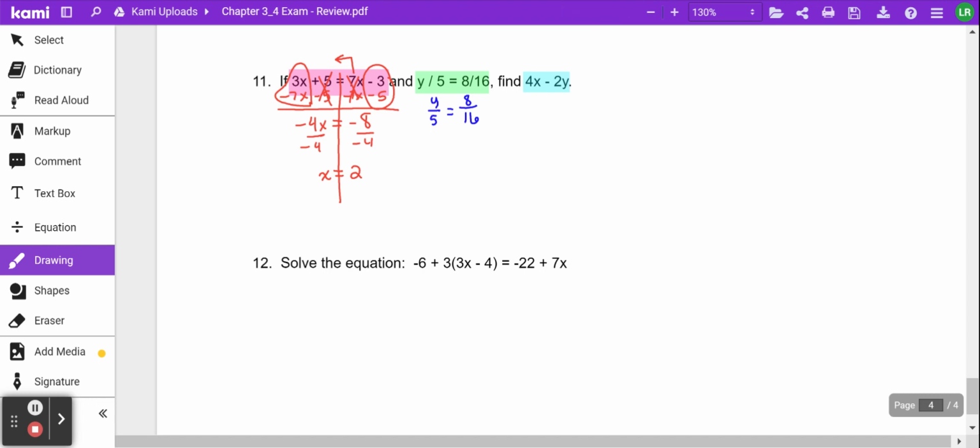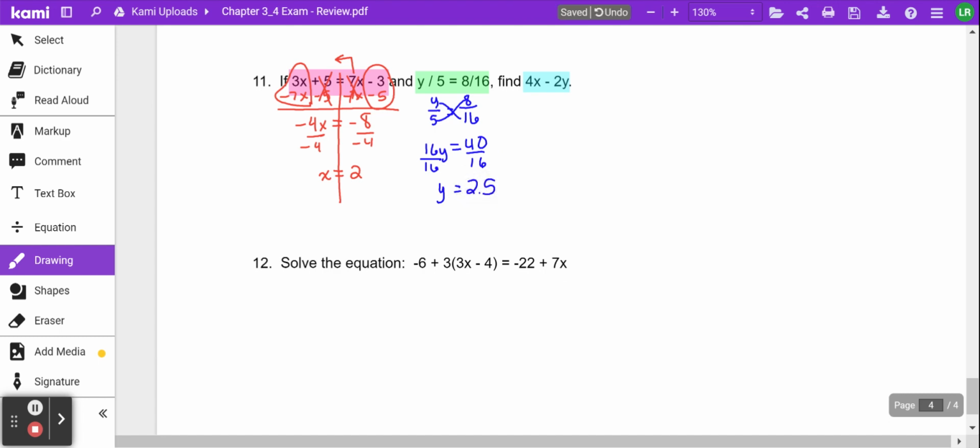Cross multiply, fraction equals fraction. 16 times y is 16y, and then 5 times 8 is 40. Divide both sides by 16, and our y is going to be 2.5.